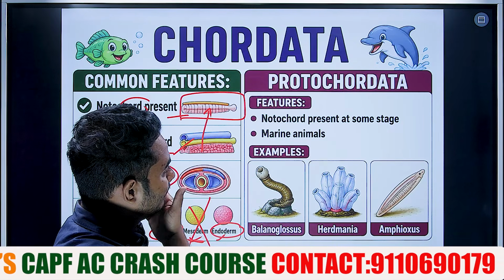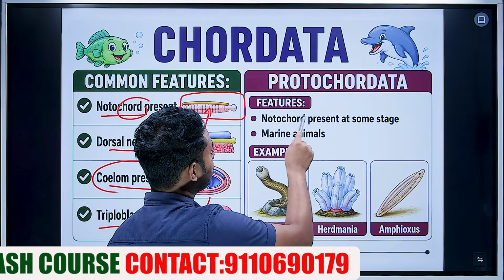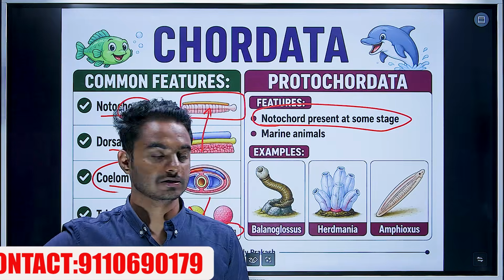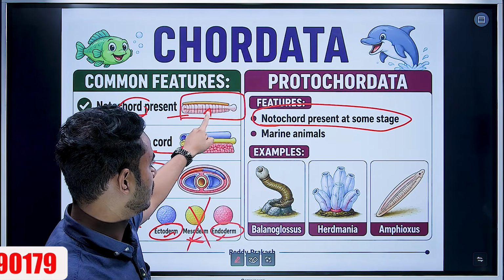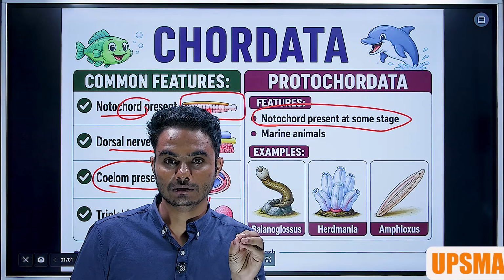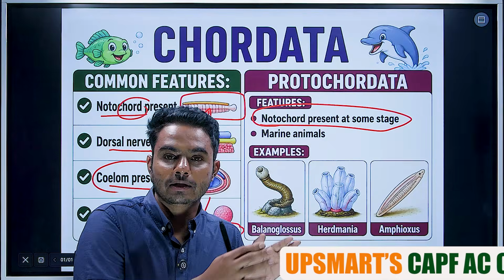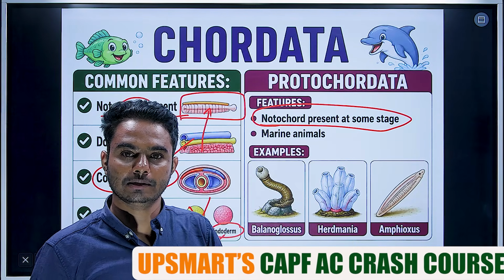Now, the protochordata. Protochordata means notochord present at some stage, not the entire stage. Chordata usually will have notochord during the entire stage, but specific organisms within chordata will have notochord only during a specific stage of their life, not the entire life cycle.